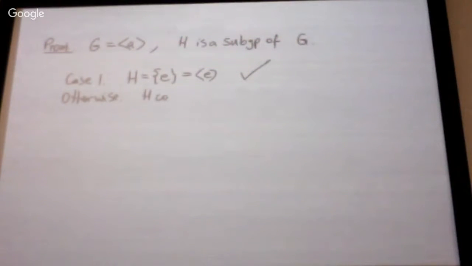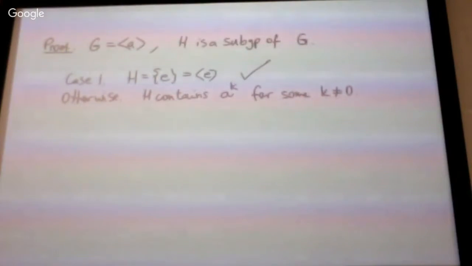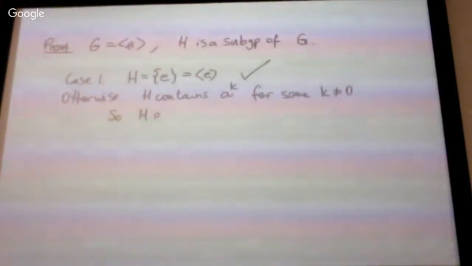Otherwise, H contains A to the K, because everything in G is A to the K, for some non-zero K. It also contains A to the minus K, because it's a subgroup.